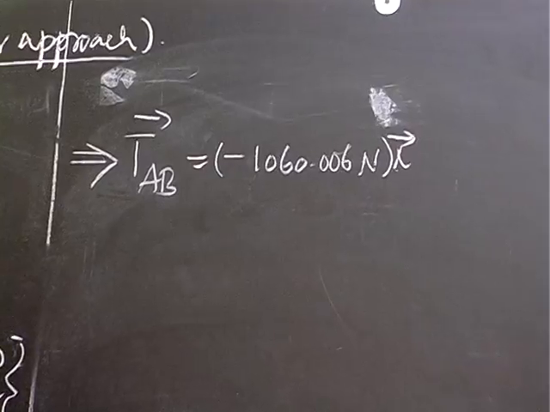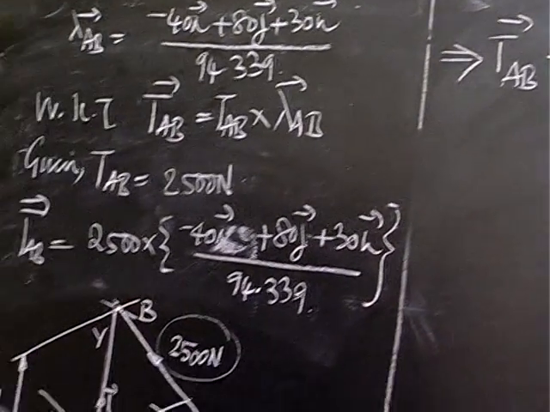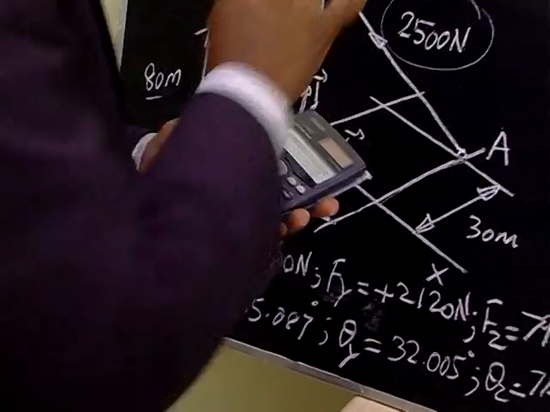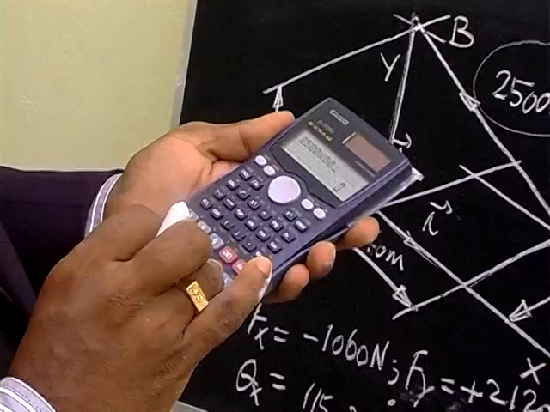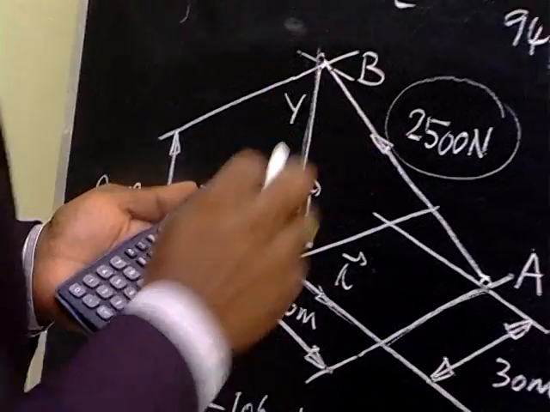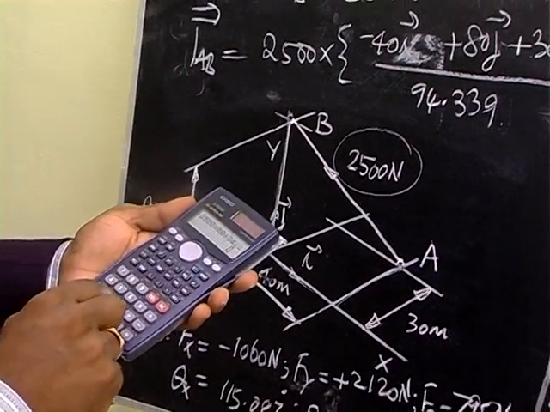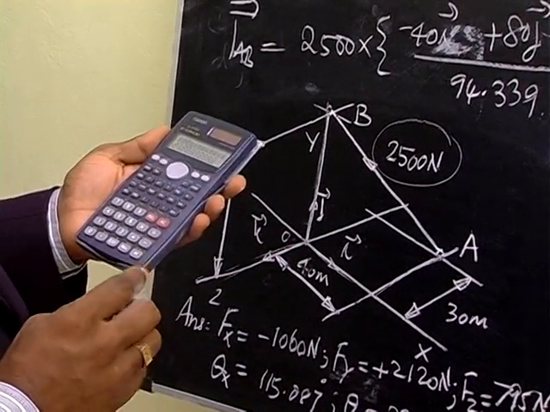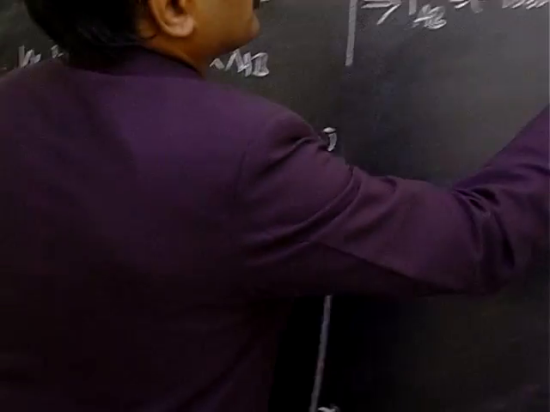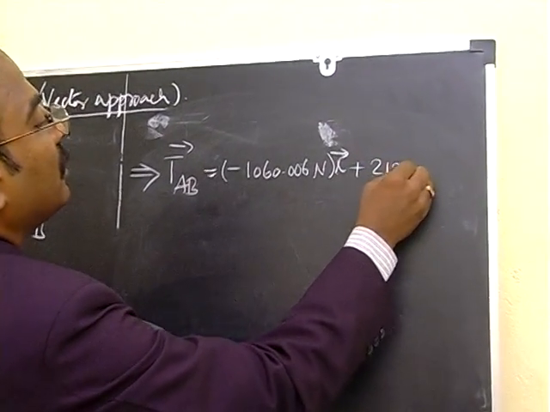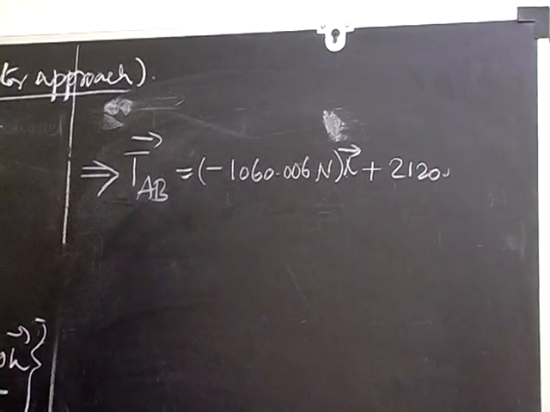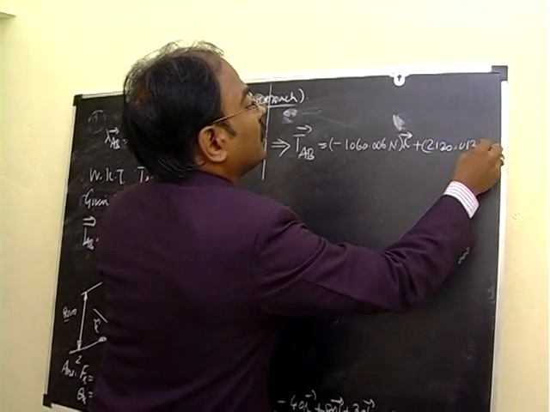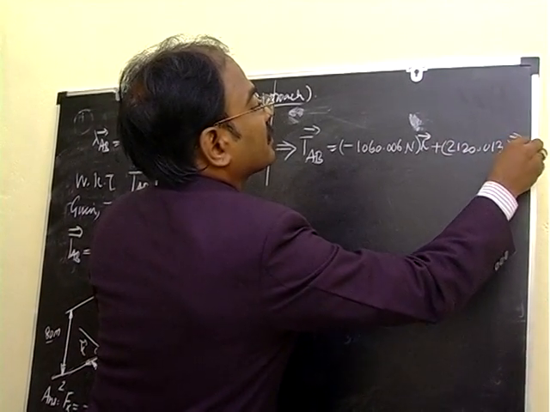Then the second part is 2500, the tension value, then the unit vector value is 80 divided by the denominator value 94.339. So together we get 2120.013 plus. So this is 2120.013 Newton J vector plus.